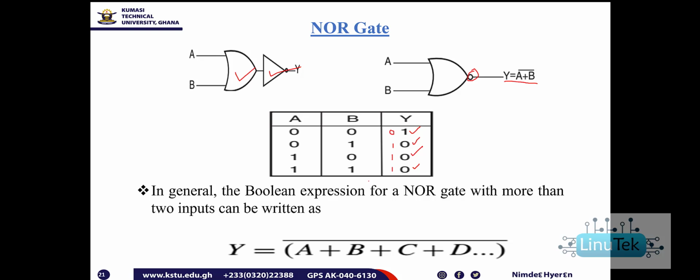So if we similarly had more than a 2-input NOR gate, we would have an expression where Y equals (A or B or C or D) complement, as we can see in this Boolean expression.